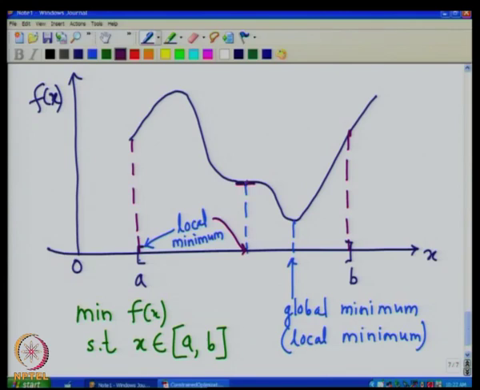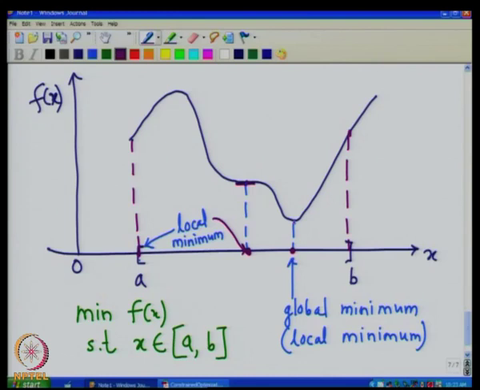So, there are three local minima for this one: x equal to a, then this point and this point. These are the 3 local minima, because in the neighborhood the function does not decrease. There exists at least some epsilon neighborhood around these points where the function value does not decrease. So, these are the local minima.